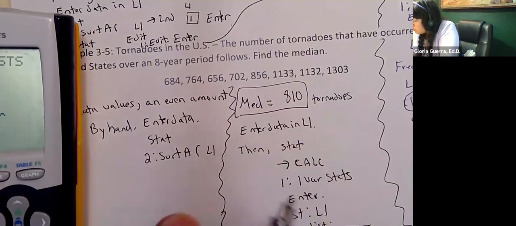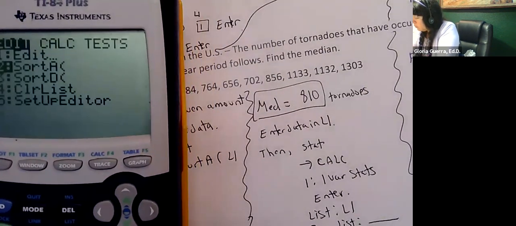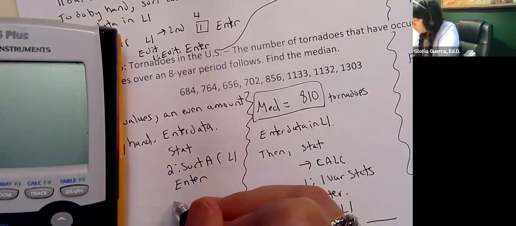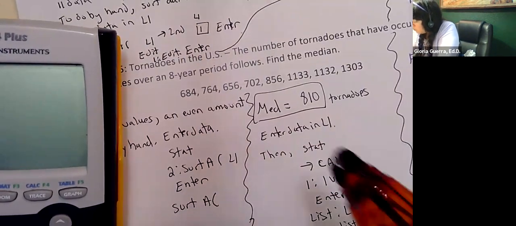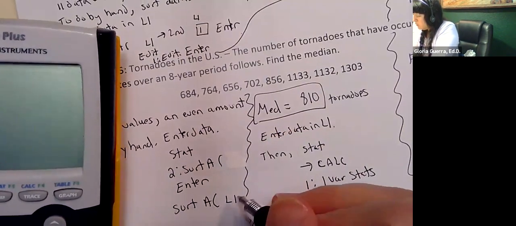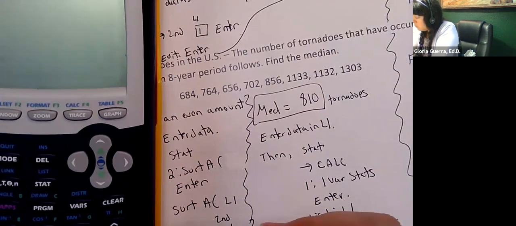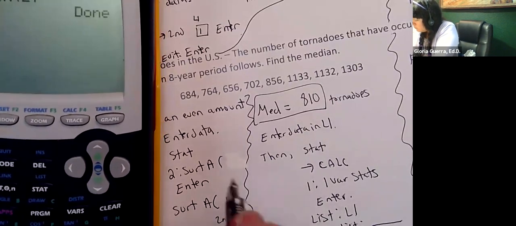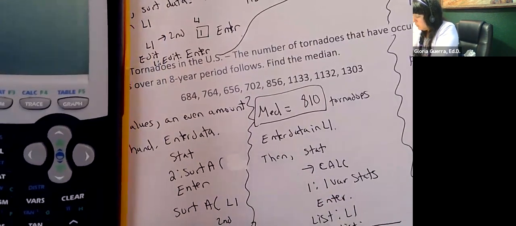So you want to go to number 2 and hit enter. And I'm going to tell this it's L1. So it's second, and the number 1, and then enter. And it'll say done.